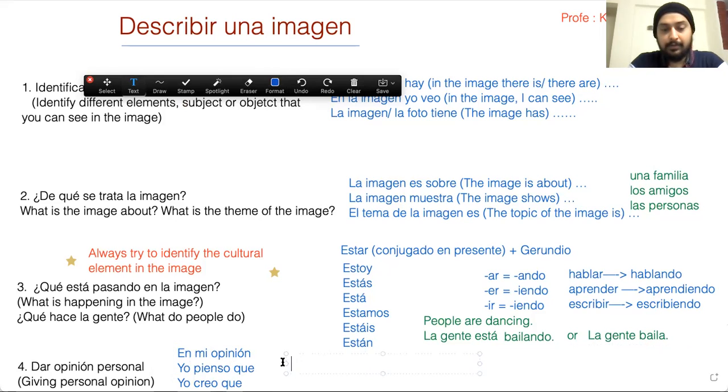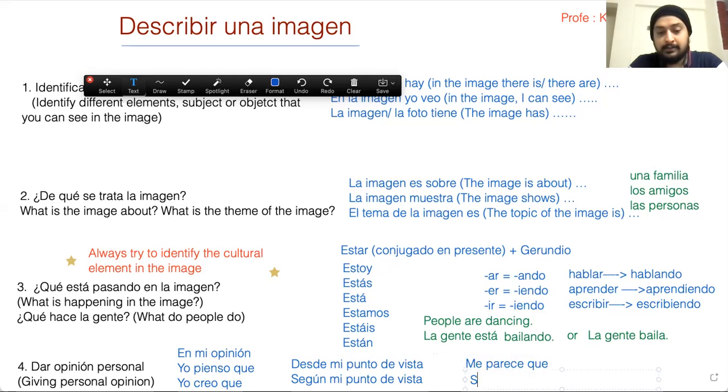Or desde mi punto de vista, from my point of view, según mi punto de vista, according to my point of view, me parece que, it seems that, según lo que veo, as I can see, or from what I can see, and then you give your personal opinion. So it can be your opinion about the image.